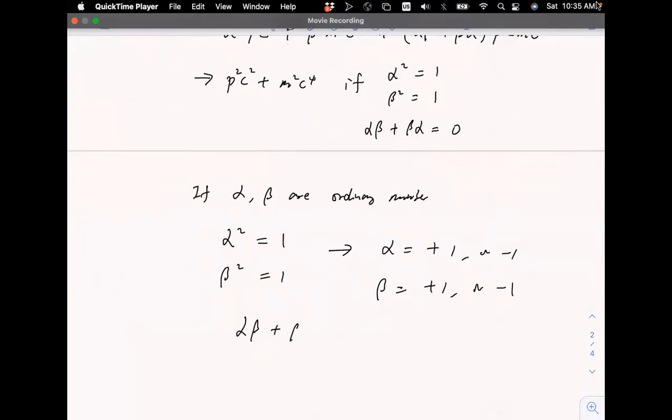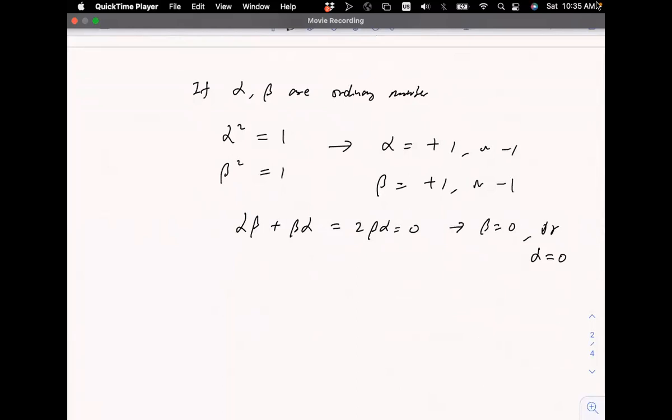But then this one will give you this or alpha equal to 0. You never get a solution. So normal people will just stop here. It doesn't work. But Dirac is a genius. He moves on. He finds that if these are not ordinary numbers, if they're matrices, then you'll make it work.